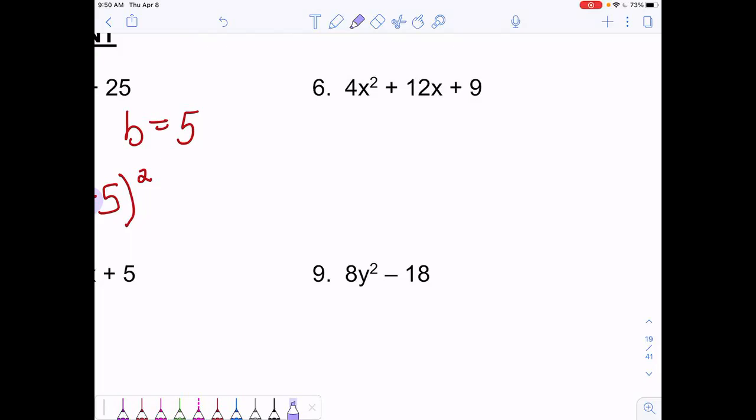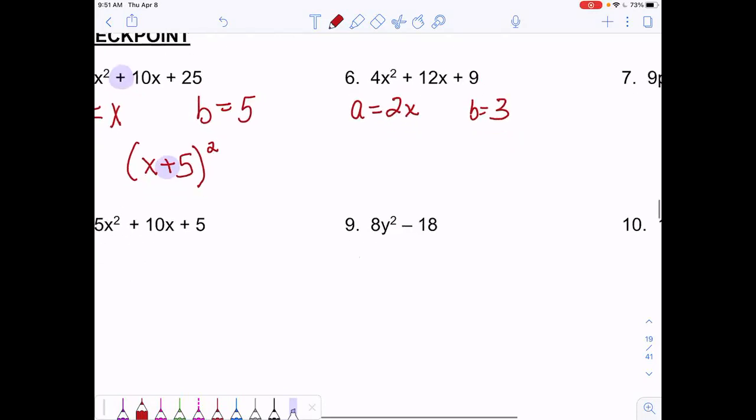Is there a GCF between 4, 12, and 9? No. So don't have to worry about that. Then we're going to say, what is A and B? So Peyton, A is 2x, and then B is 3. Yeah. So this is going to have the same form that Bill gave us.